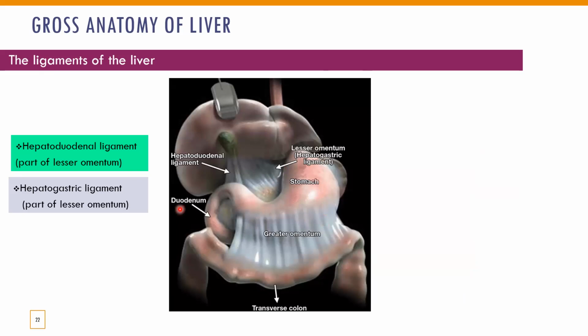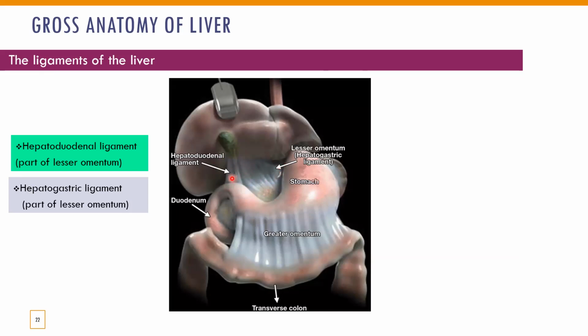And beside that, there is also the hepatoduodenal ligament. The hepatoduodenal ligament is this one. It connects the liver and the duodenum at the edge of the hepatogastric ligament. So this whole thing is known as the hepatogastric ligament.